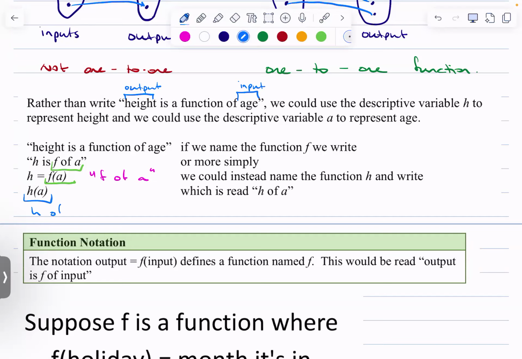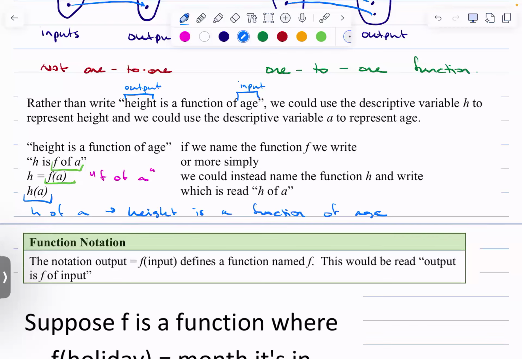This is H of A, which then evolves into height is a function of A. Back to where we started, which we would read as height is a function of, I said A, but I should have said age. Luckily, they're similar sounding.